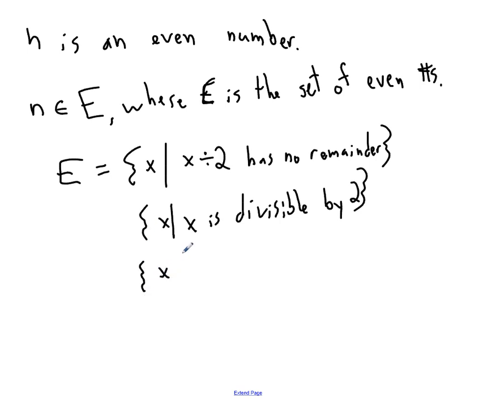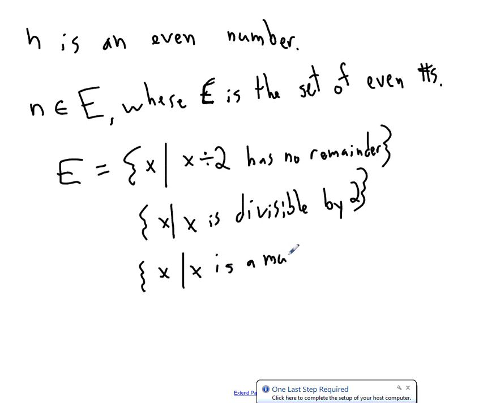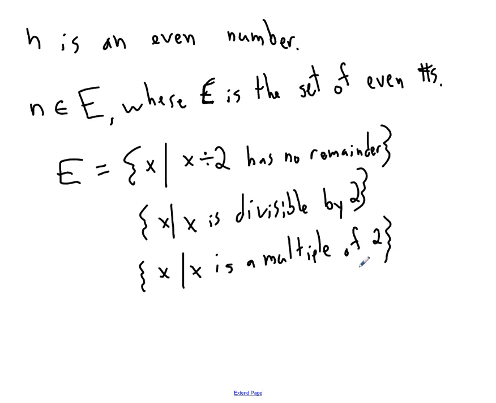Or we could start to get fancy and say x is a multiple of 2, which is another way of saying x equals 2 times a, where a is an element of capital N. Now, this is a new symbol that we're about to define.